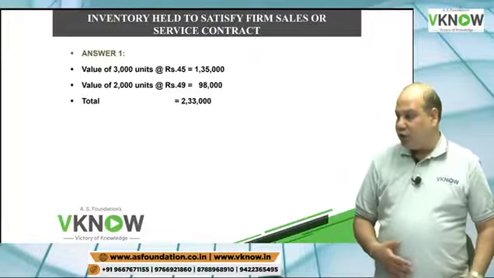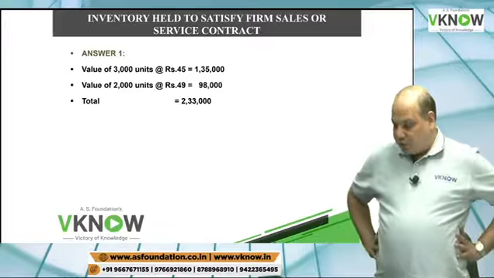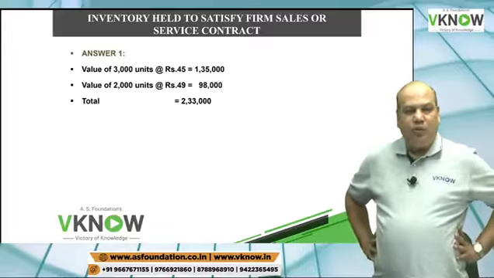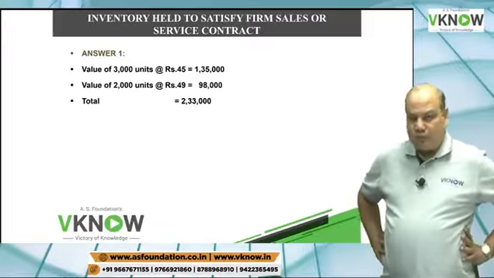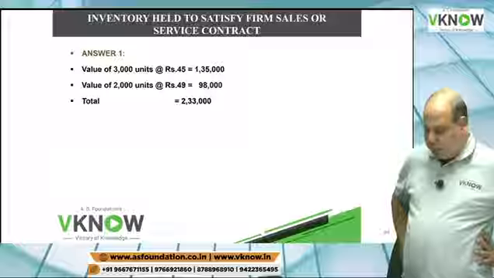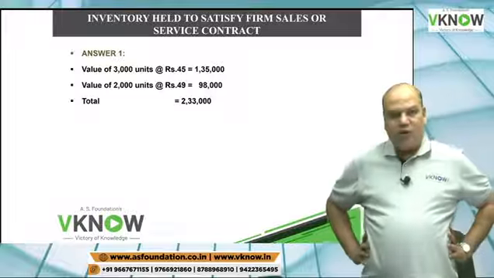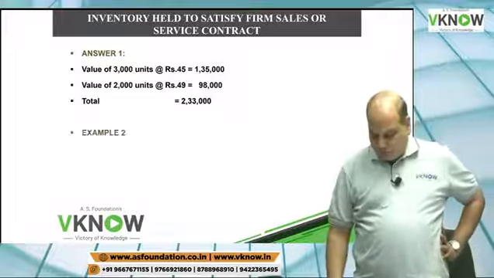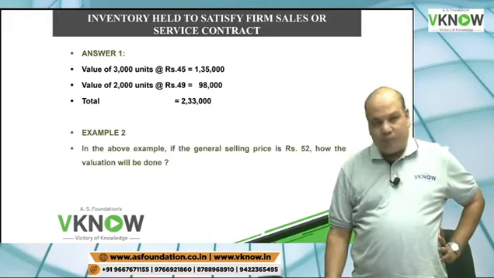Check the answer: the first 3000 quantity will be valued at 45, and the remaining 2000 quantity at 49. So the total amount is 2,33,000.